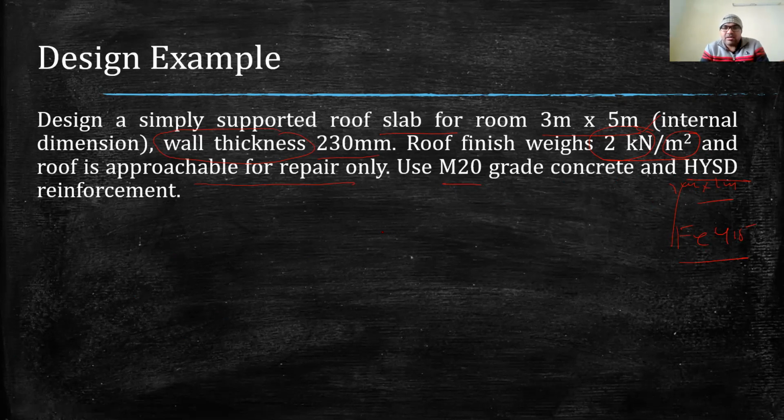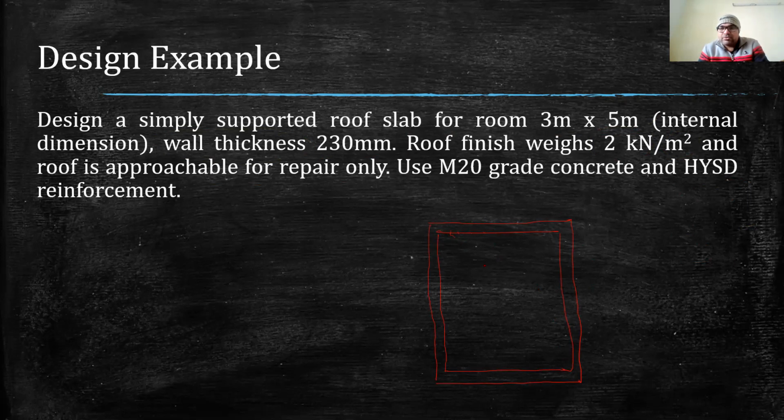Also, we can make a rough sketch of the slab. Say this is the slab having the internal dimension and it is supported on the wall. So it will look something like this. And because these are slabs, the internal rectangle will be a dotted rectangle.